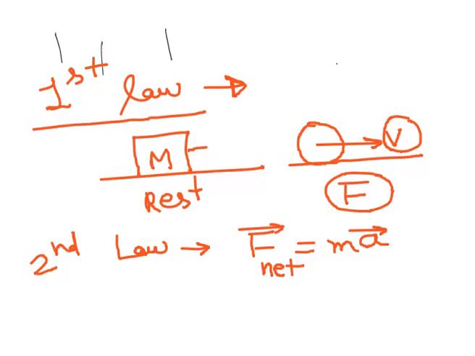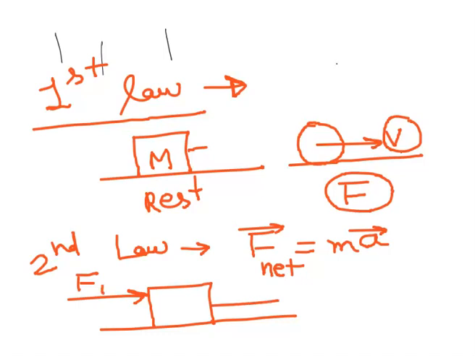So let's see. This is the block and I'm applying force F1 here, and force F2 is applied from here. So the net force will be F1 minus F2, and this will be ma.